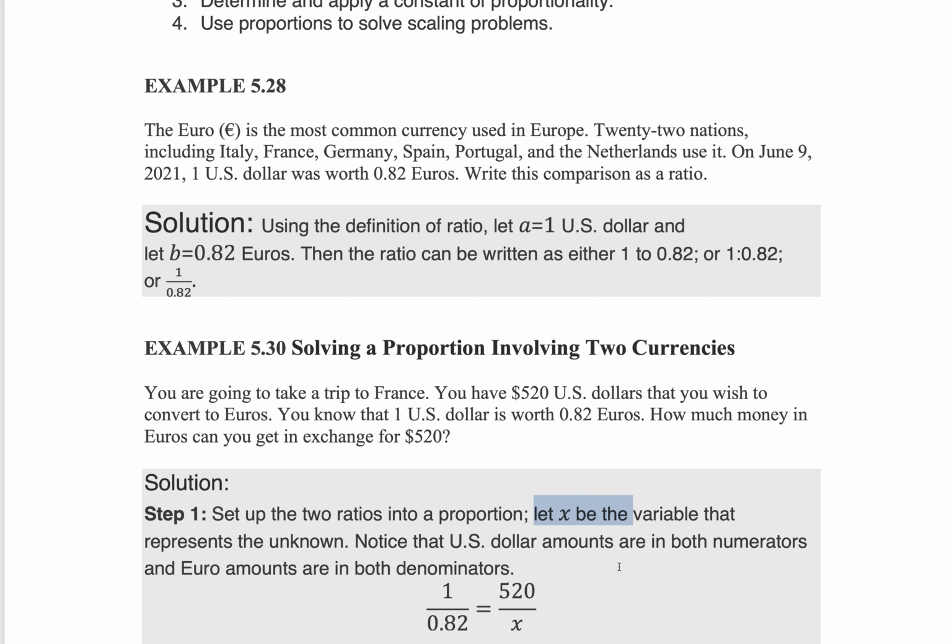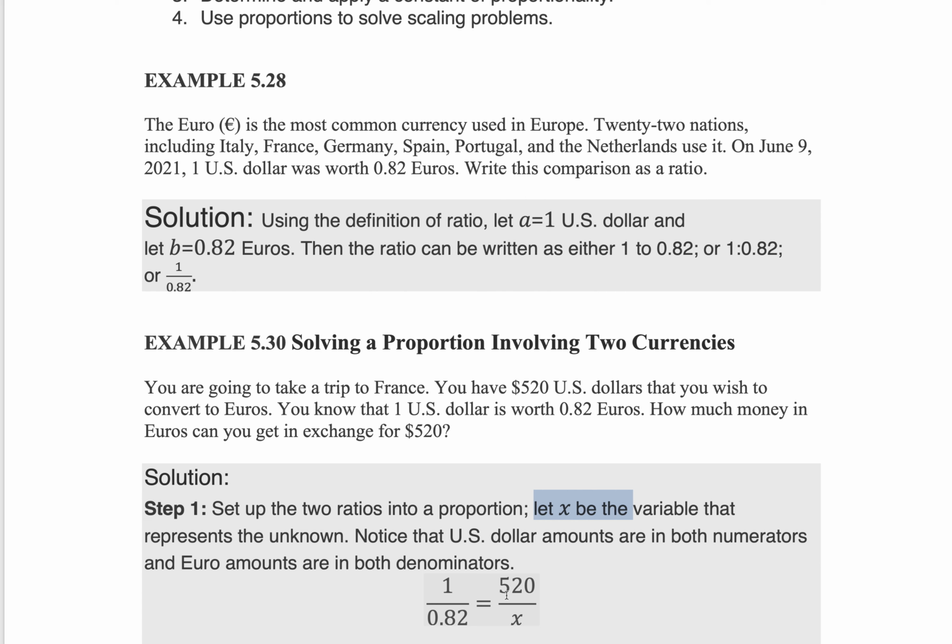Because they have the same ratio, that's the constant proportion. We'll talk a little more about it in the next example. For the moment, we set those two ratios equal, because clearly for any amount, $1 is worth 0.82 euros.